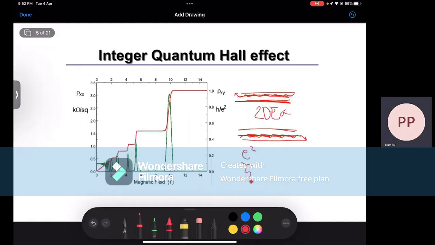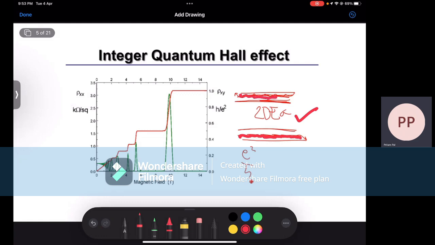Like I told you, we have already seen something like this in the integer quantum Hall effect, and what I told you very briefly at the end of the last session was that these steps come from the fact that when you have a specimen, a 2D system, in a large magnetic field, you have these skipping orbit trajectories going along the edges of the system.